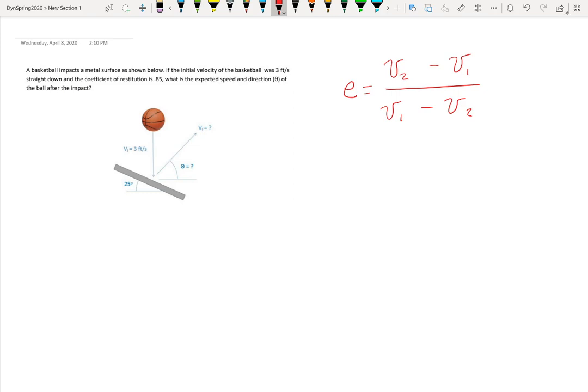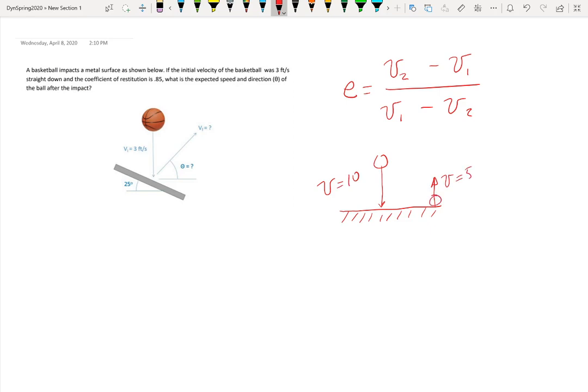Here's the way I like to remember it. You have a basketball. It comes this direction. Say right before impact, the velocity is equal to 10. And then let's say it comes off and goes velocity equal to 5.